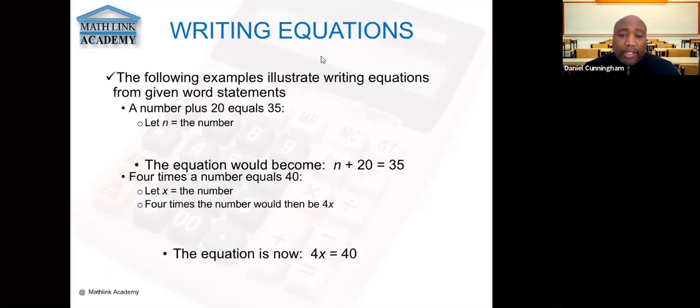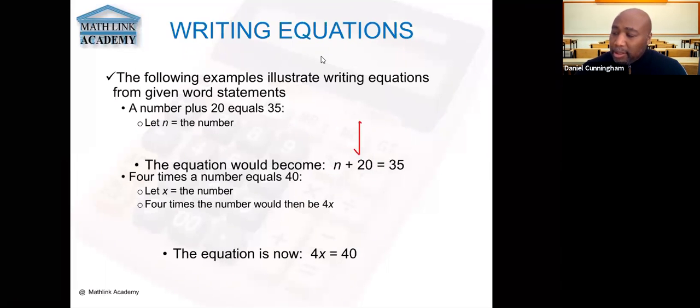Now, to solve these equations, you do the opposite, and what you do on one side, you do on the other side. It keeps the equation balanced because it's equal.